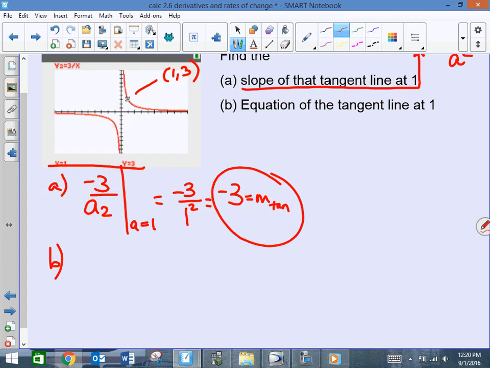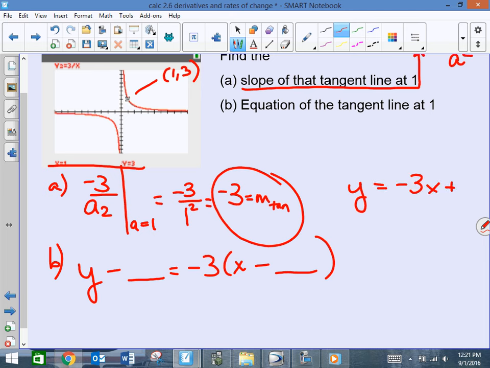Yes, Holly? Would it just be f of x or y equals negative 3x? No, because that would assume we're going through 0, 0. Okay, this is the formula that we like to use because it's very direct.